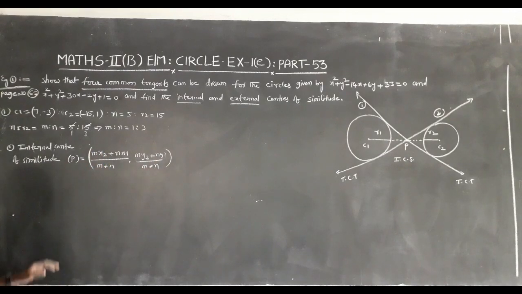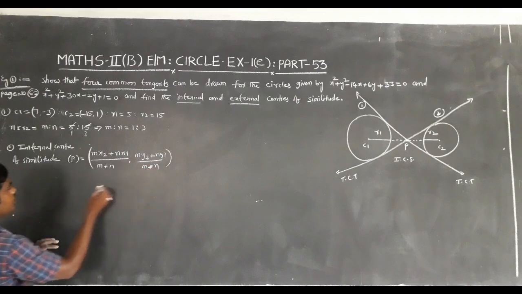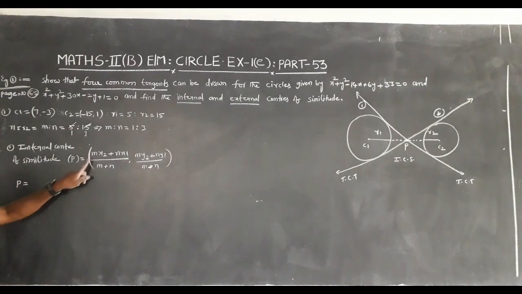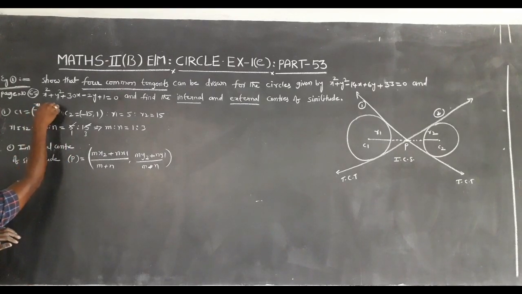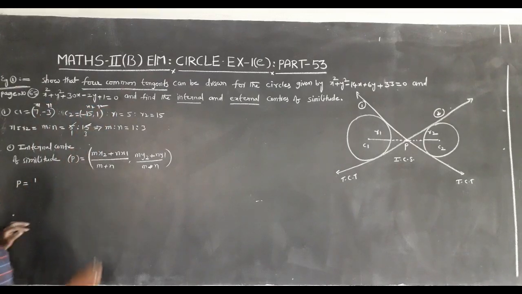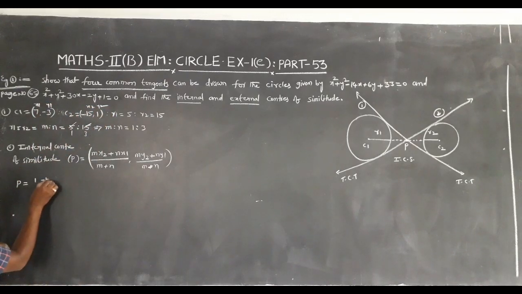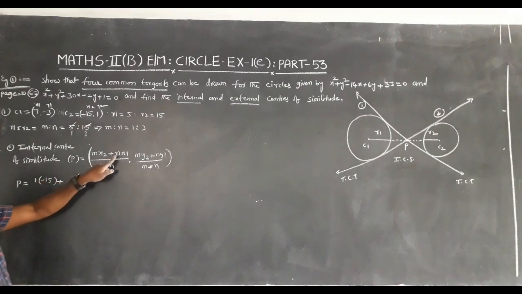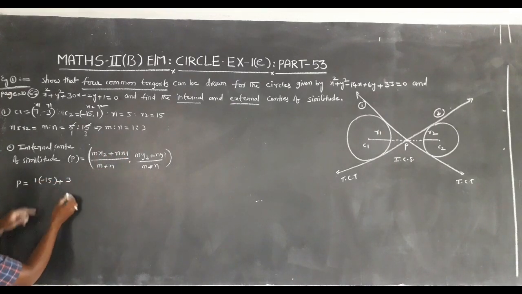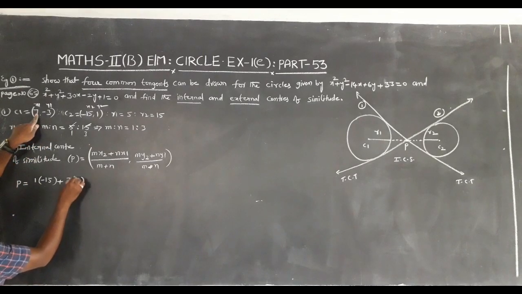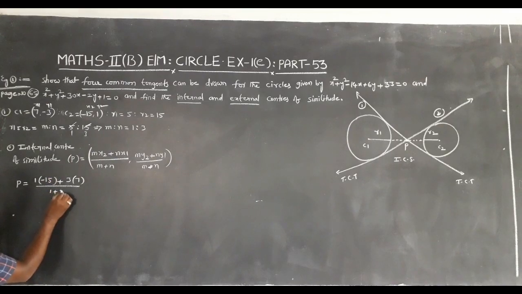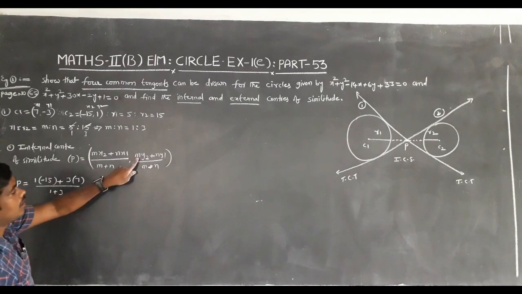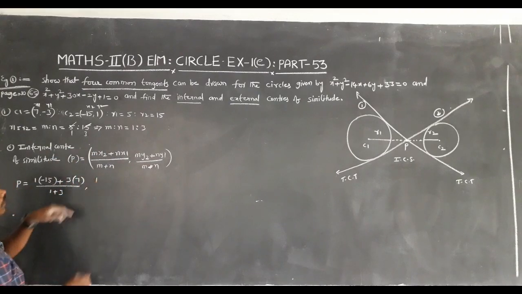Let C1 be (x1, y1) and C2 be (x2, y2). Here m is equal to 1, x2 is equal to minus 15, n is equal to 3, x1 is equal to 7, and m plus n is equal to 1 plus 3.